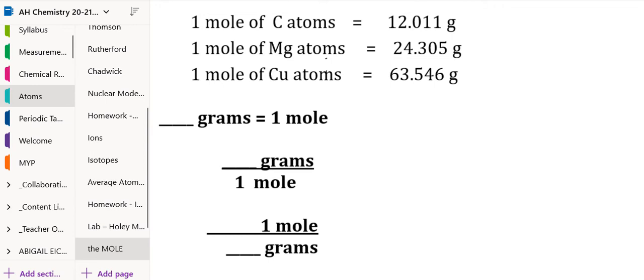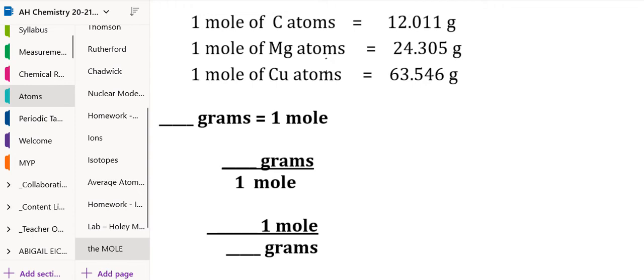So are we saying 1 atom of carbon has a mass of 12 grams? No, 1 mole of carbon has a mass of 12.01 grams. That would be 6.022 times 10 to the 23rd atoms of carbon having a mass of 12.01 grams.